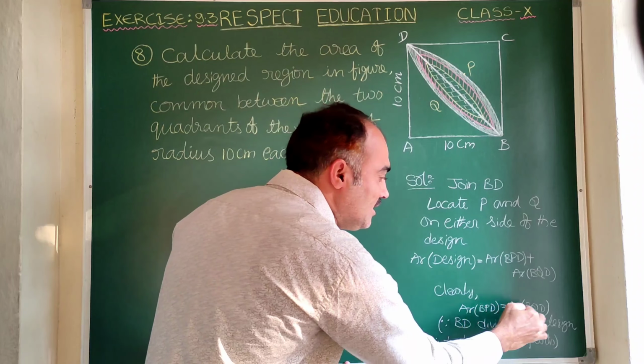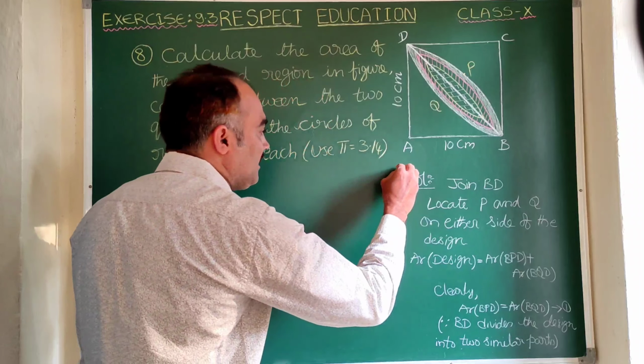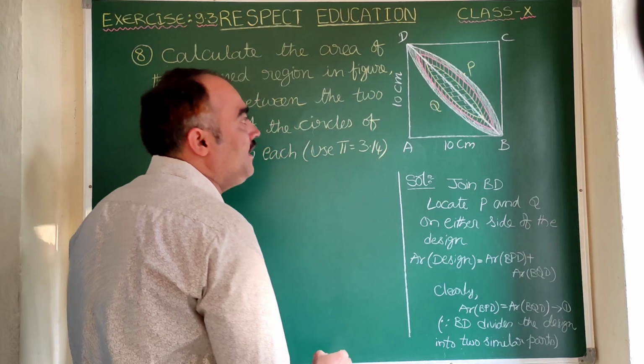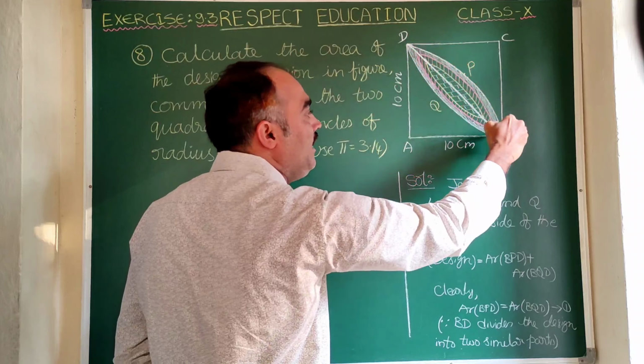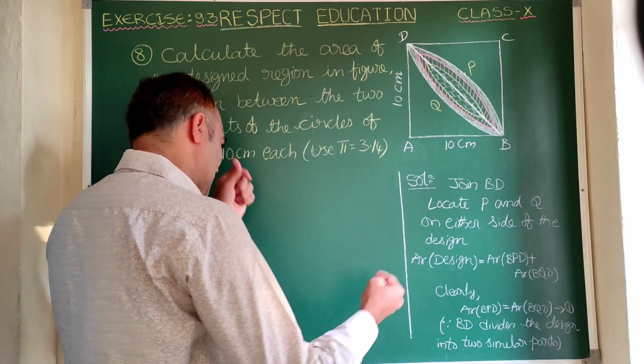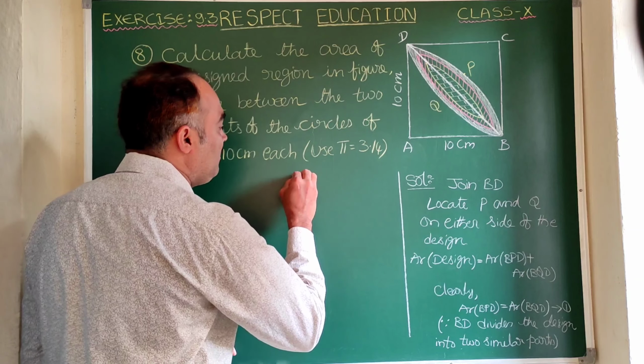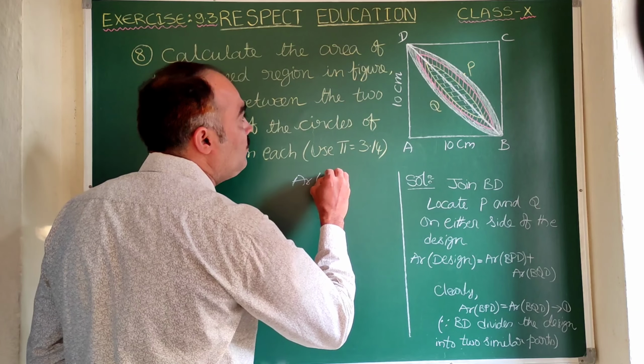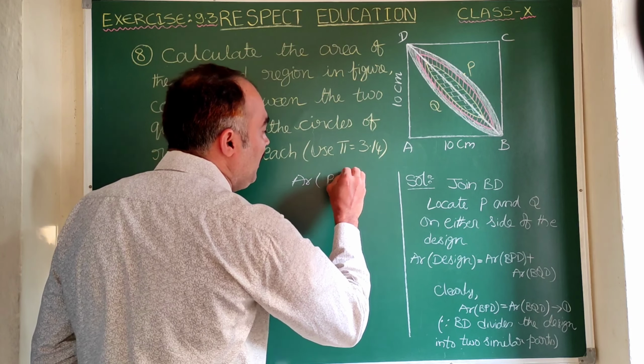Let us consider this clue as equation number 1, and let us start finding either the area of BPD or the area of BQD, because both are similar. So here let us write: finding the area of design BPD.